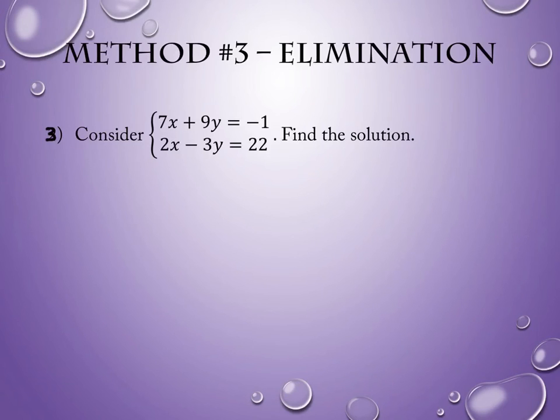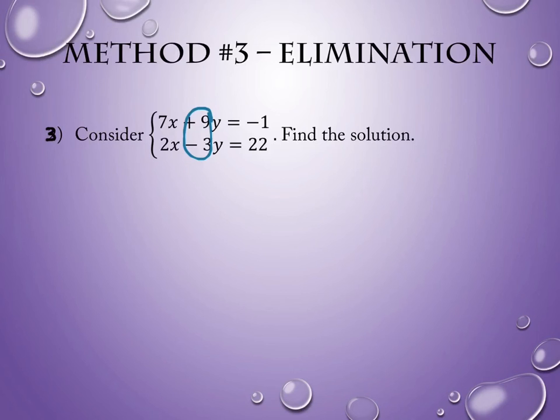Now, what we'd like to do is compare, and you have a choice. You can compare the 7 and the 2 and recognize that one option is I could multiply here by 2 and here by 7 and multiply 1 by a negative, and they'd both be 14s, right? That's a possibility. The other possibility is to consider the 9 and the negative 3. Now, the 9 and negative 3 actually have a multiple sooner than multiplying them by each other.